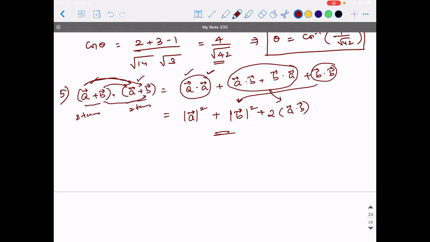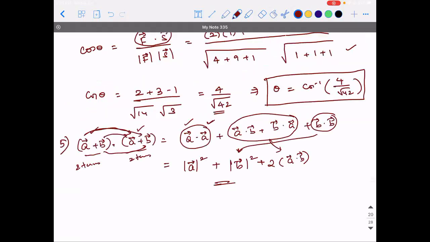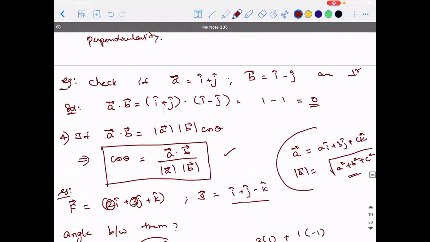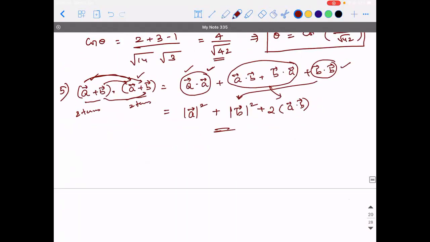So a vector dot a vector from the second property is nothing but magnitude of a vector square. Similarly, b vector dot b vector is magnitude of b vector square. Remember, a vector dot b vector is the same as b vector dot a vector. If that is the case, then I can write a dot b plus b dot a is 2 times a dot b.